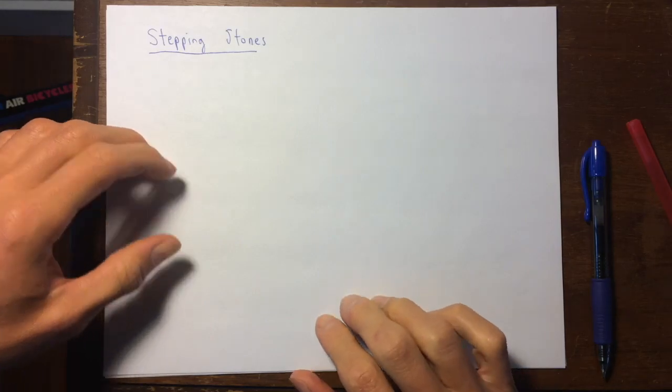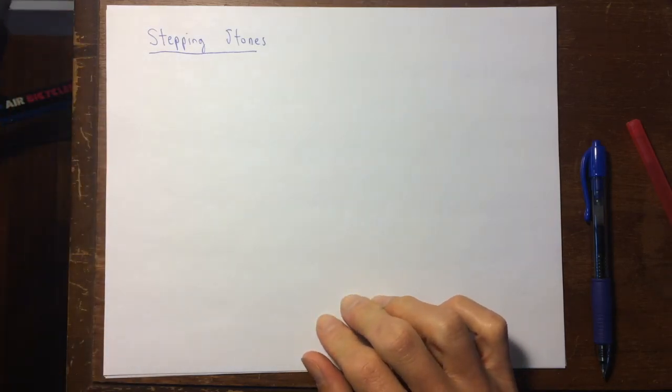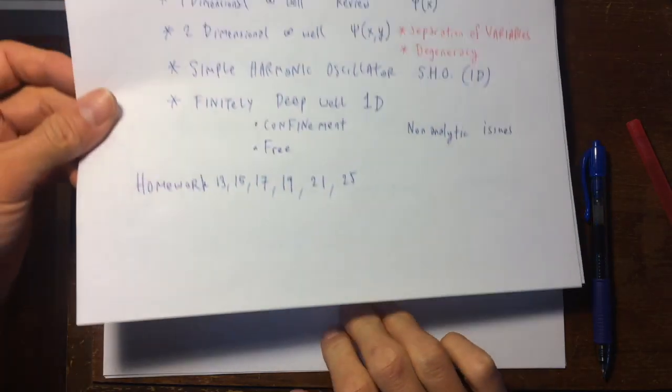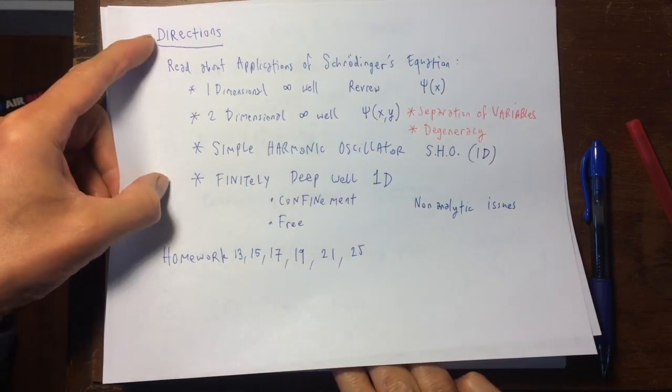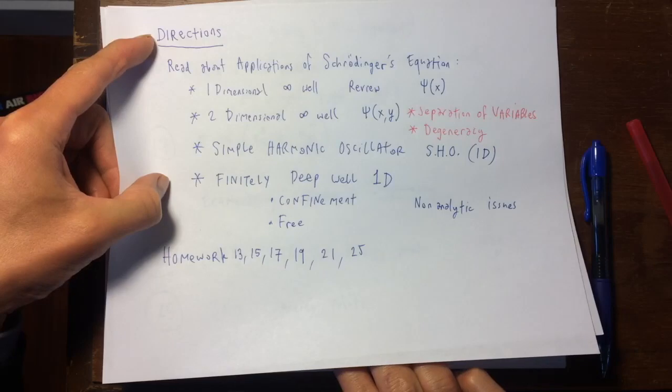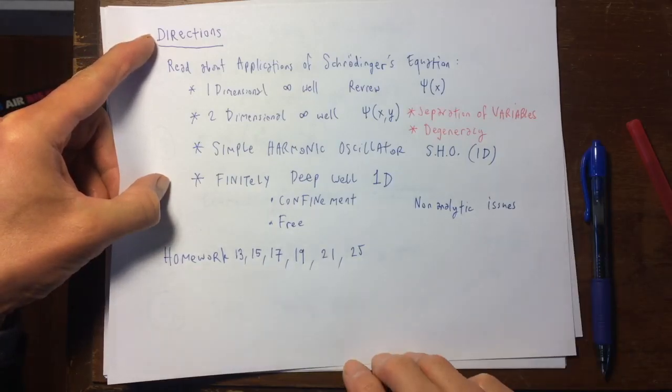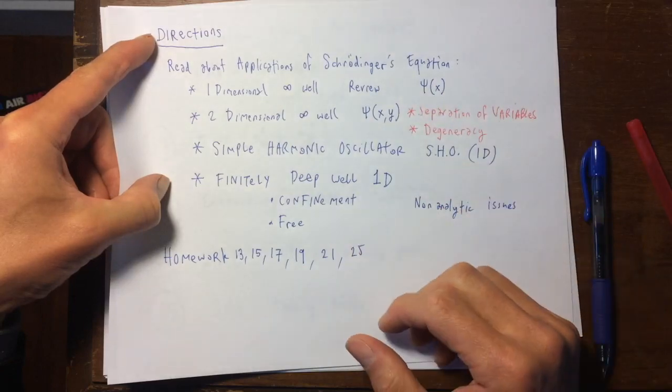So this video, I've been calling it, or I'm thinking of calling it, stepping stones. The video before this I called directions, and essentially these are just instructions for what you should do over the following few days after watching this video.